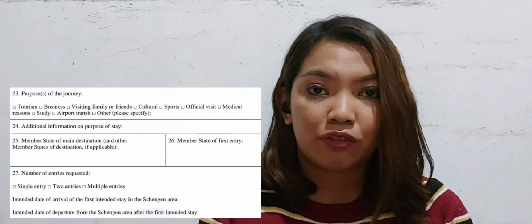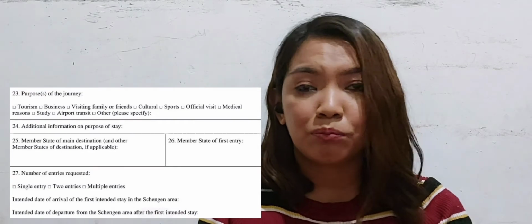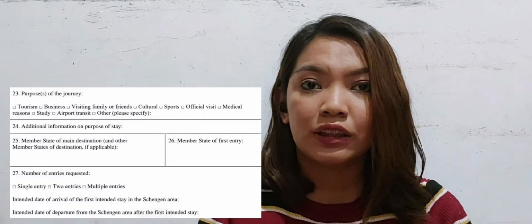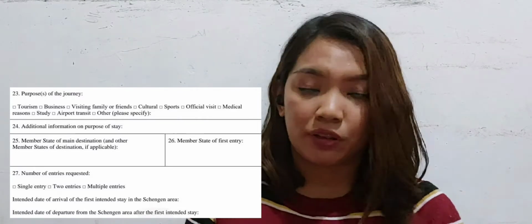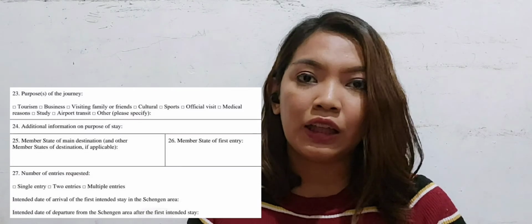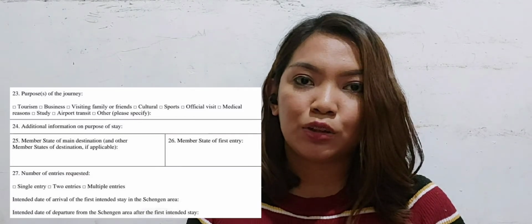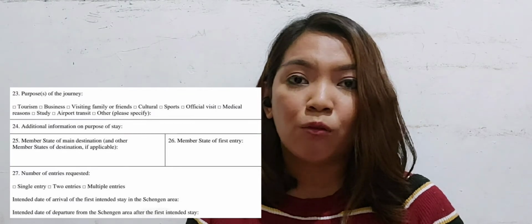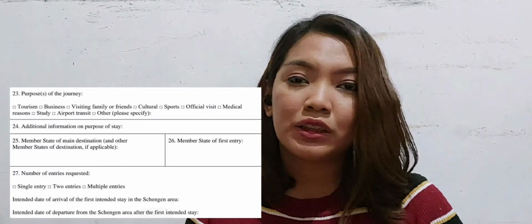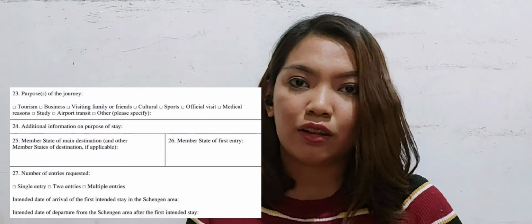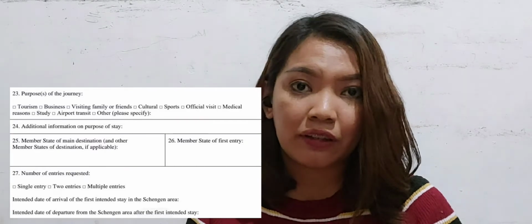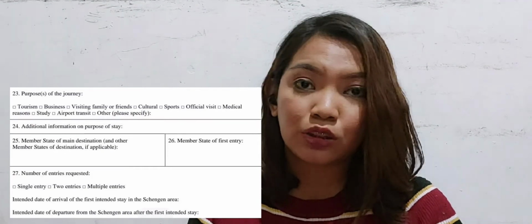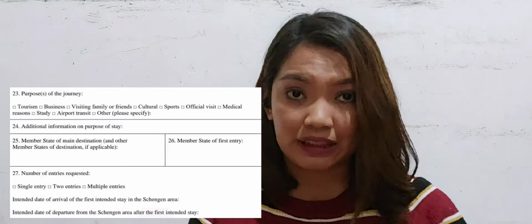For 2 entries, obviously, you can enter twice, and for multiple entries, you can return multiple times, but keep in mind that it also needs to be only 90 days within a 180-day period, because if you exceed 90 days, then you will now have a record, and there's a possibility that your next applications for a Schengen visa will get declined.